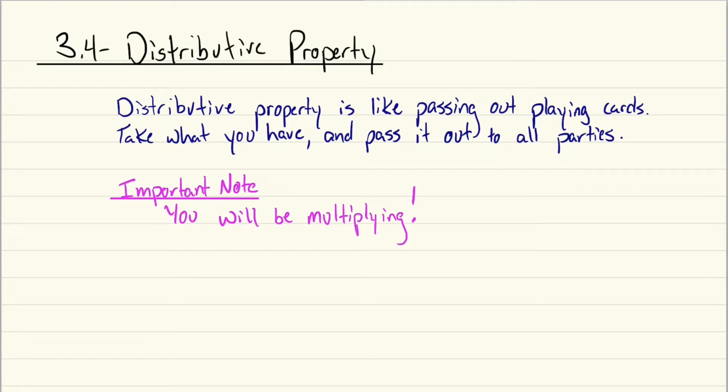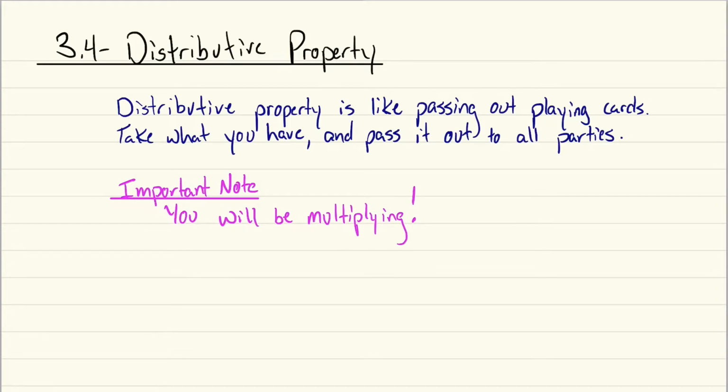That is exactly what the distributive property is. The way a problem is written, we have to distribute a number by multiplying, and I will stress that again, we are distributing a number by multiplying, just like you are distributing cards to all of your friends evenly.